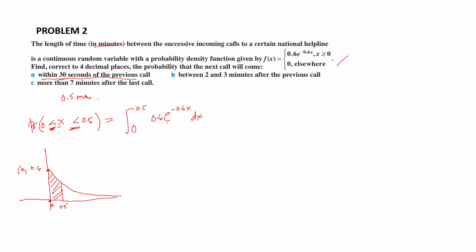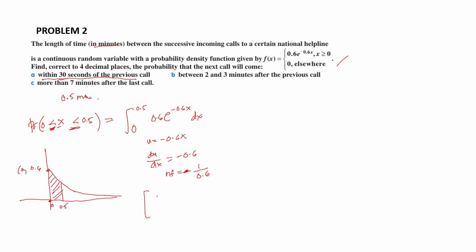So if we're going to integrate this one, let u is equal to negative 0.6x, our du/dx is equal to negative 0.6. So the neutralizing factor is negative 1 over 0.6. So from this part, we need now to integrate.